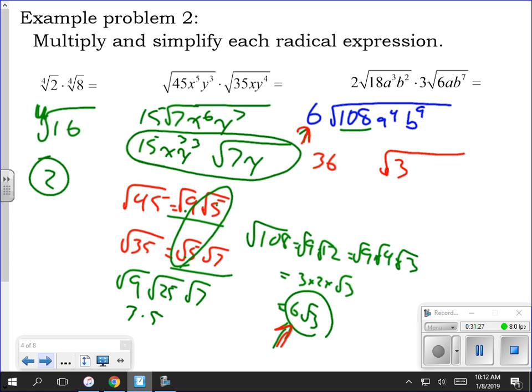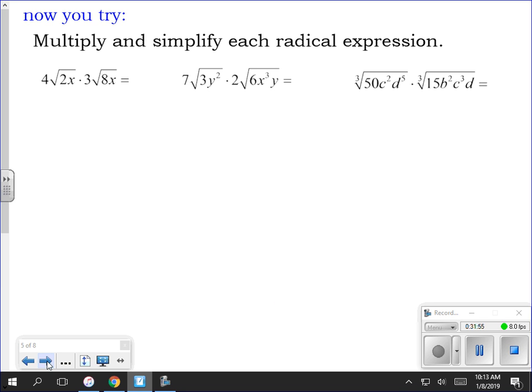So I have a squared. And then 9 divided by 2 is 4 with a remainder of 1. So that means I have b to the 4th and b to the 1st left underneath. So it's not pretty. It is doable. Variables are easy. It's the numeric portion that's a pain. Relatively speaking. Okay, your turn. Do those.